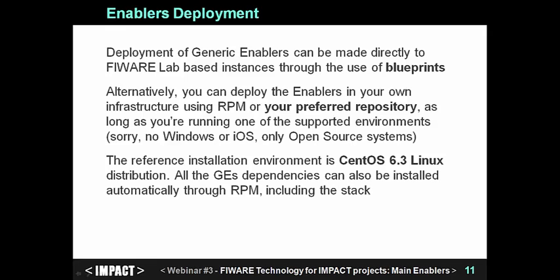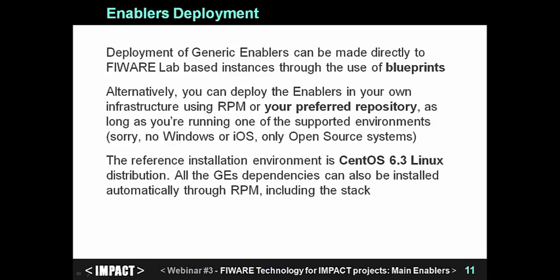So if you are familiar with RPM systems, it's going to work like this. By the way, I would add that there's a project right now to make Docker versions of the enablers, and hopefully we'll get that very soon. But for now, they're not ready.